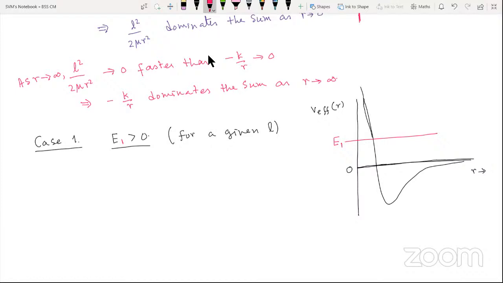Now, if you look at this particular point, let me call this point R1. What happens at that point is that the energy will be equal to V effective. So at R is equal to R1, energy is equal to V effective.